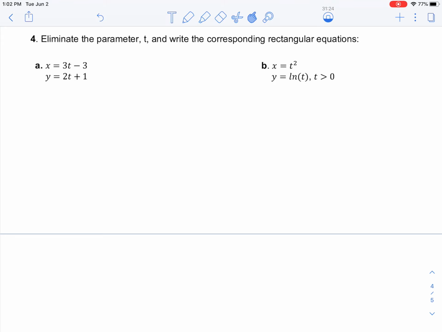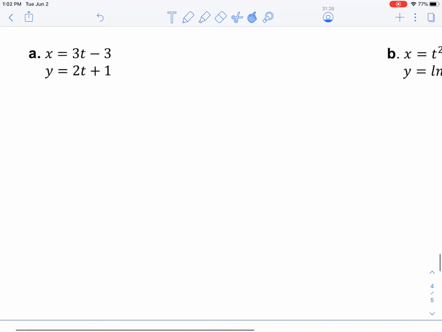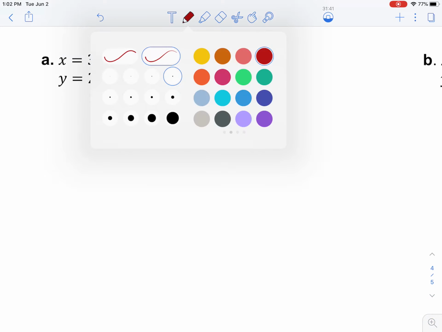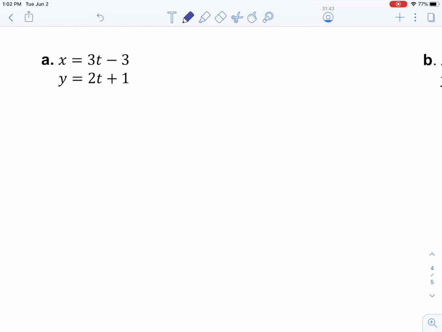There's a couple different ways we can do this. We can start by solving x equals 3t minus 3 for t, or we can solve y equals 2t plus 1 for t. It doesn't matter, and I'd actually encourage you to do both and compare your answers.